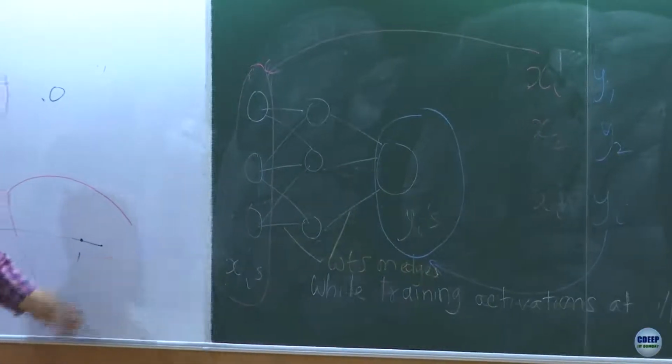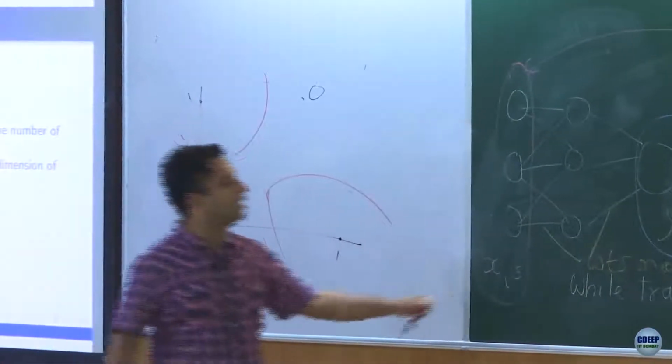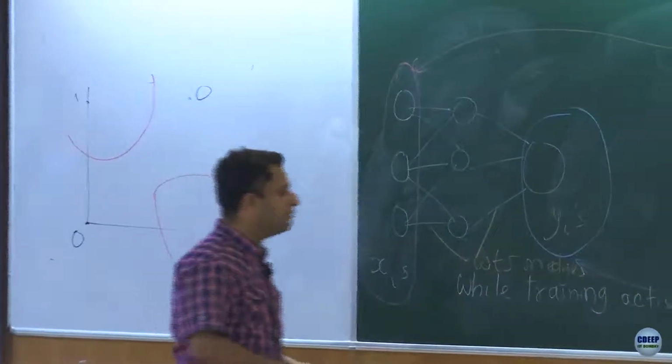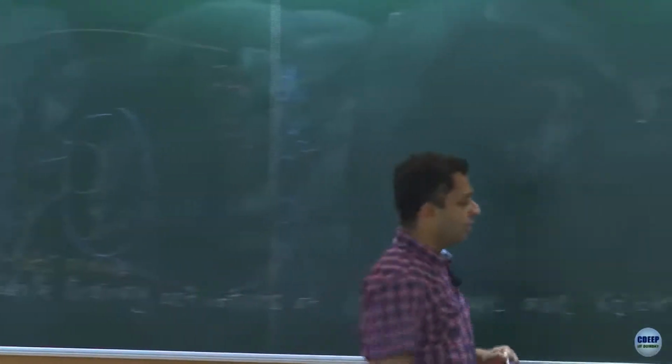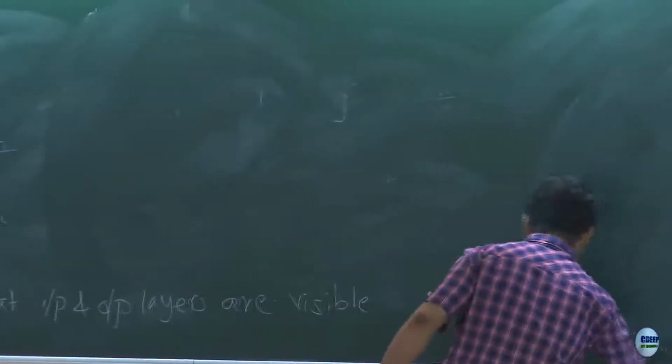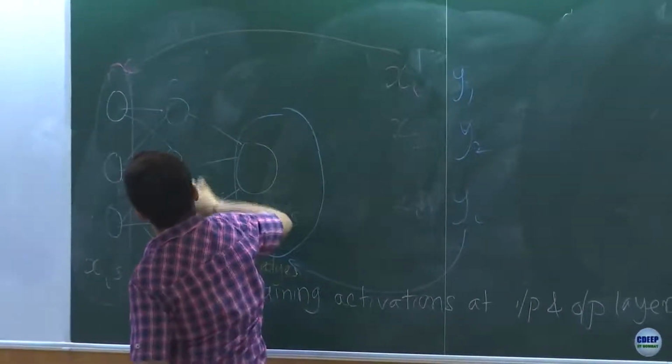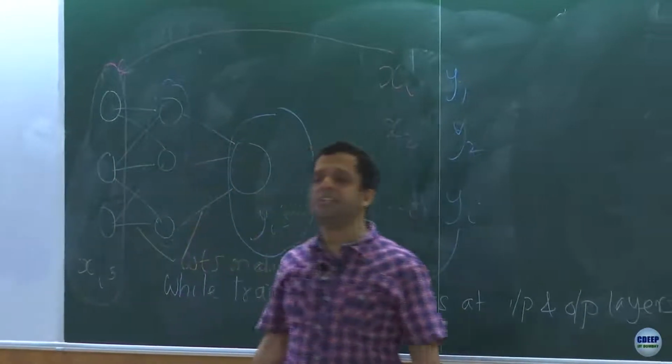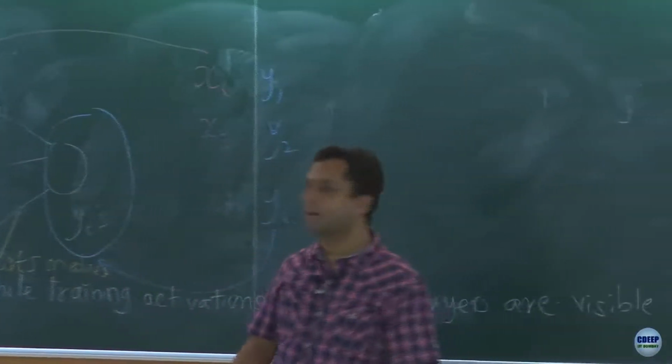So I was training the weights in logistic regression, making these two observations, but unfortunately, with the additional power that I brought in, the activations at the hidden layers cannot be observed while training.